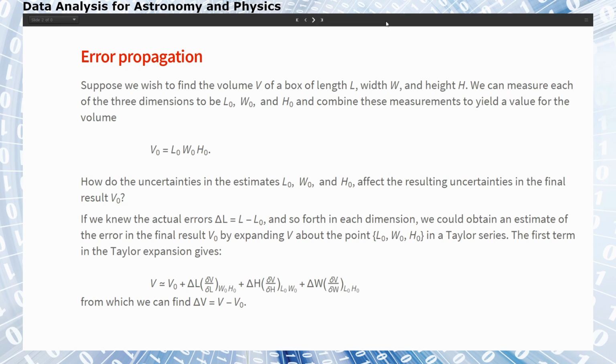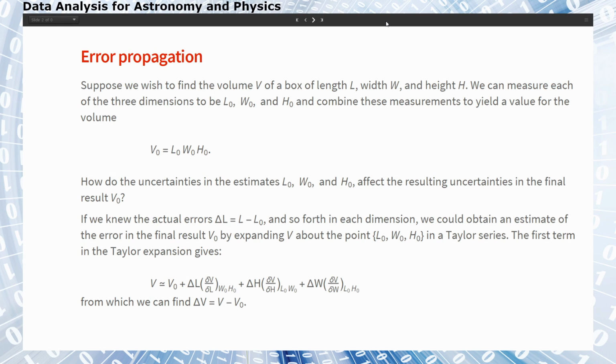If we knew the actual errors, delta L, so the difference between the true value L and our estimate, and so forth, in each dimension, we could obtain an estimate of the error in the final result of the volume by expanding the true volume about the point L0, W0 and H0 in a Taylor series.